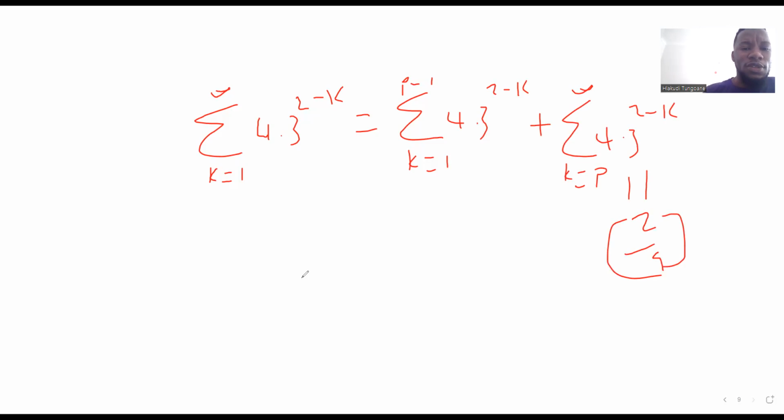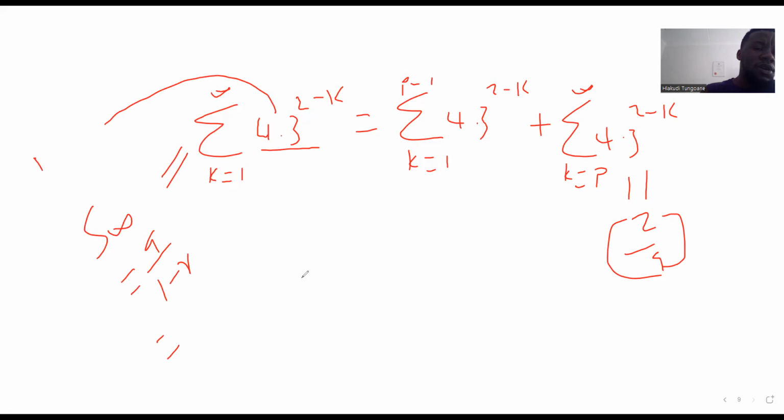And this one is the sum to infinity, which is A over 1 minus R. What is A? Remember we simplified this in the form 12(1/3)^(k-1), so this is A, and R is 1 over 3. So we have 12 over 1 minus 1 over 3.